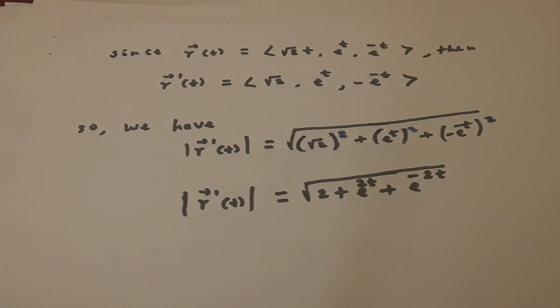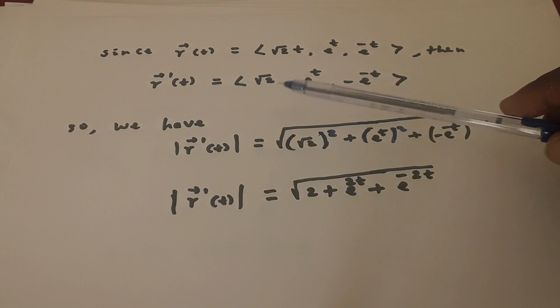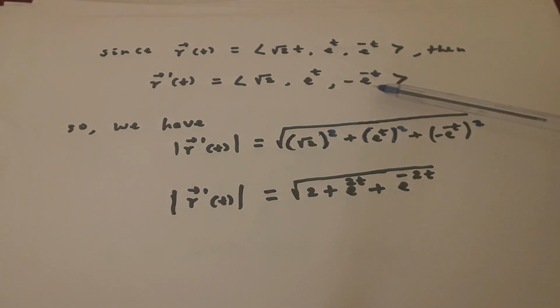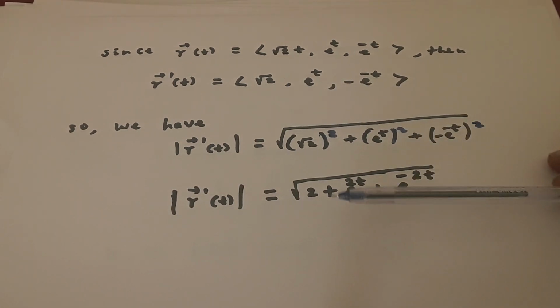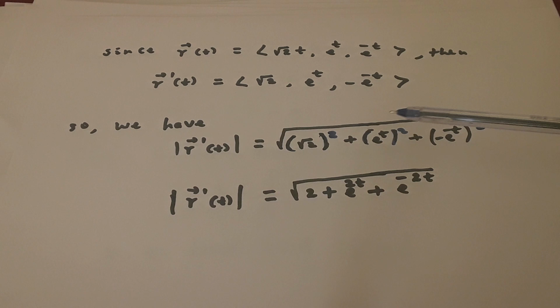Since r of t is square root of 2 t, e raised minus t, making differentiation component wise like we did before gives square root of 2, e raised t, minus t, we mean. So we have, it's just making the magnitude, because these are vectors.